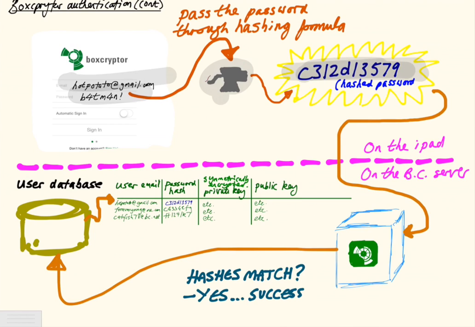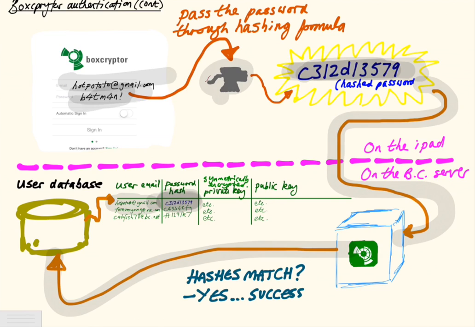Only the hash is sent over the internet to the Boxcryptor server, which looks up in the database for hotpotato@gmail.com, retrieves the hash, and says, okay, do the hashes match? So does the hash that this guy sent me equal the one that I have? In this case, you can see clearly that these two are the same.